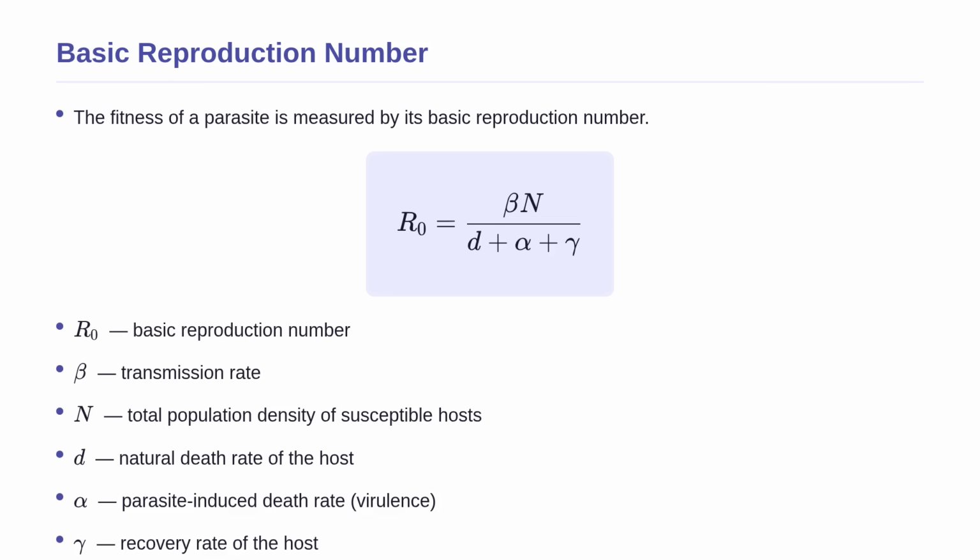Conceptually, the numerator represents how fast new infections are created, while the denominator represents how fast infections end. If the transmission rate increases, the overall fitness increases, meaning the parasite is more successful. Conversely, if the virulence becomes too high, it kills the host too quickly. This increases the denominator and actually decreases the parasite's evolutionary success.